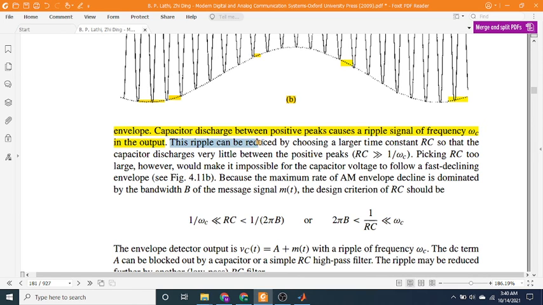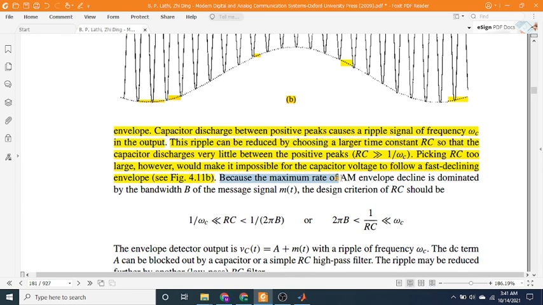This ripple can be reduced by choosing a larger time constant RC so that the capacitor discharges very little between the positive peaks, RC much greater than 1/ωc. Picking RC too large, however, would make it impossible for the capacitor voltage to follow a fast declining envelope. See Fig. 4.11c.